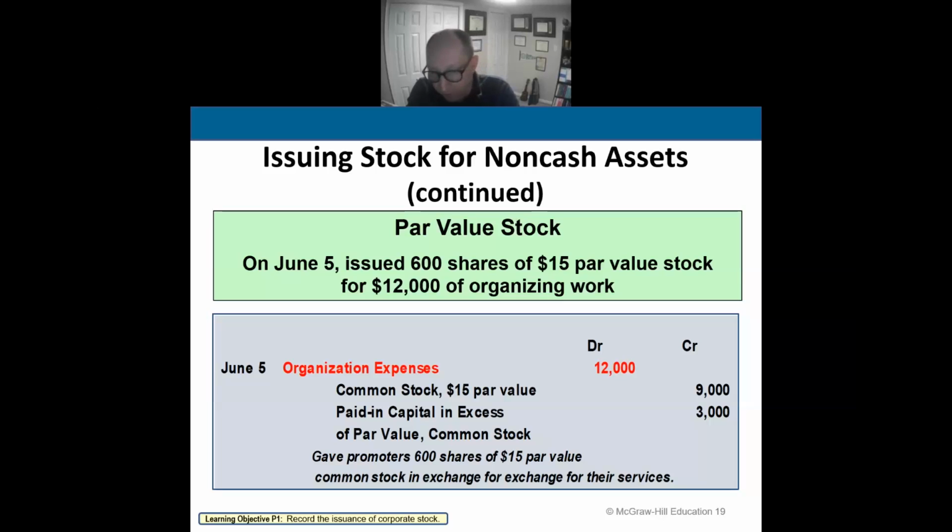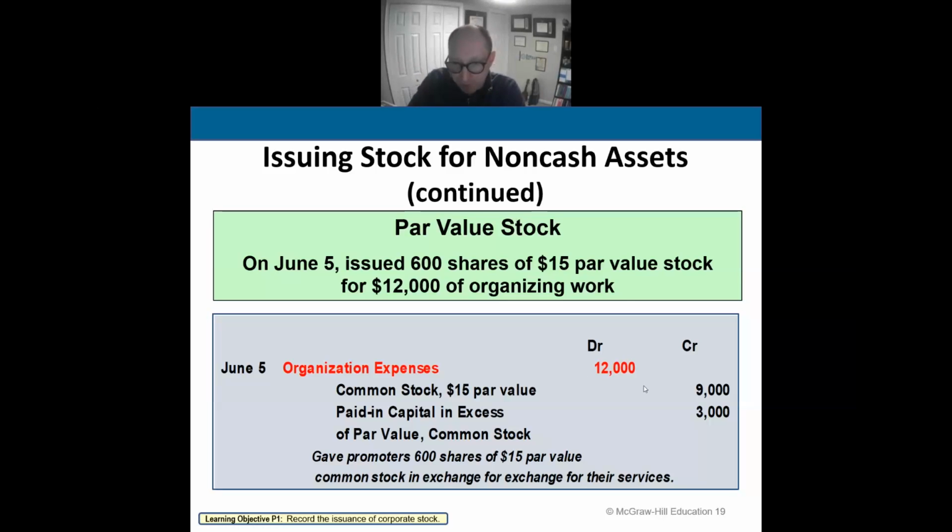with a par value of $15 per share. And so he gave them 600 shares. Hopefully he did that equally. So it's $15 per share, the par value, times the 600 shares. Well, that's 9,000. 15 times 600, that's 9,000.